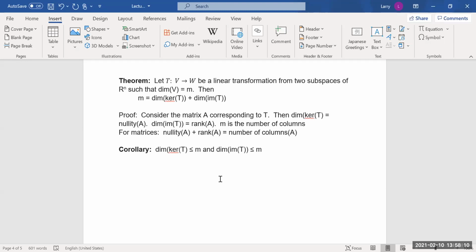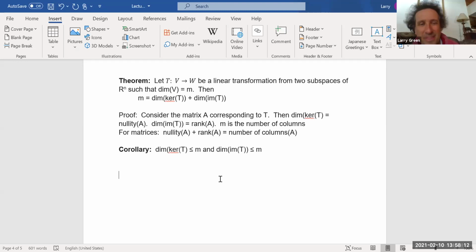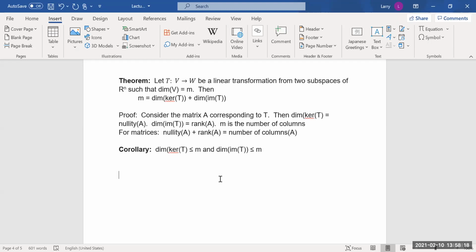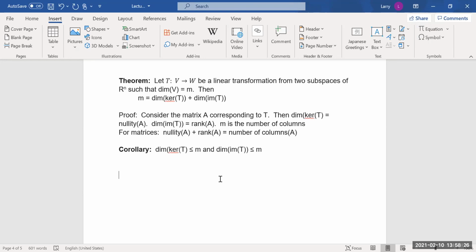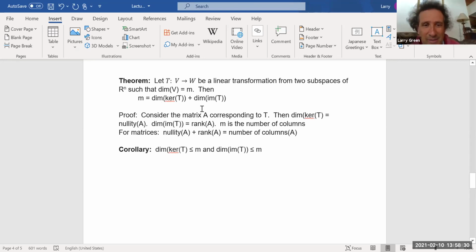It comes from the theorem. It's a corollary. Corollary means read the theorem. Dimension of V equals M. Yeah, that's not what we need to read, actually. It's this equation. M is the dimension of the kernel plus the dimension of the image.